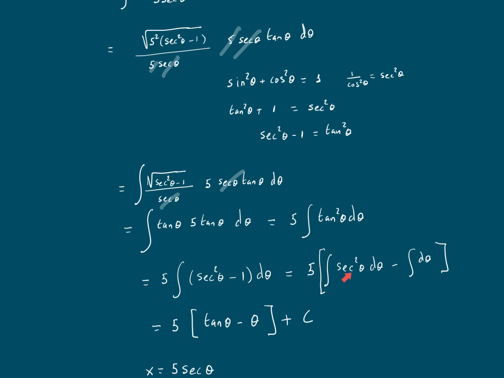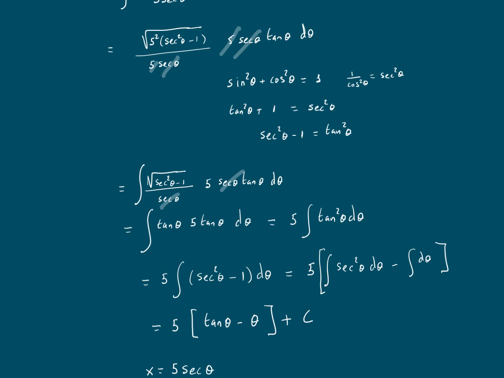The integral of secant squared of theta is tangent theta, and the integral of d theta is theta. So the result will be 5 tangent of theta minus theta plus c.